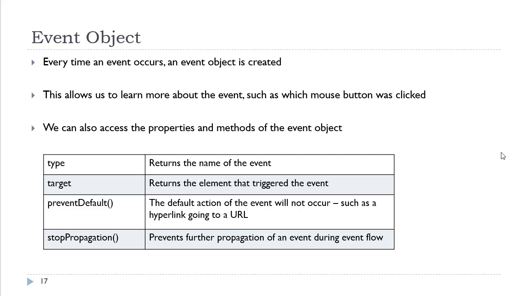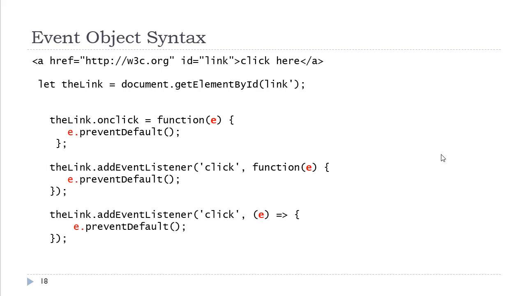We actually can prevent the default action, such as a hyperlink taking you to a URL. And we also can stop propagation. This is the syntax for how you would use the event object. And here I have a link, a href, and now I have a variable to reference that link. Okay, so the link.onClick, this is our traditional what we've been doing, and we're going to call this anonymous function here.